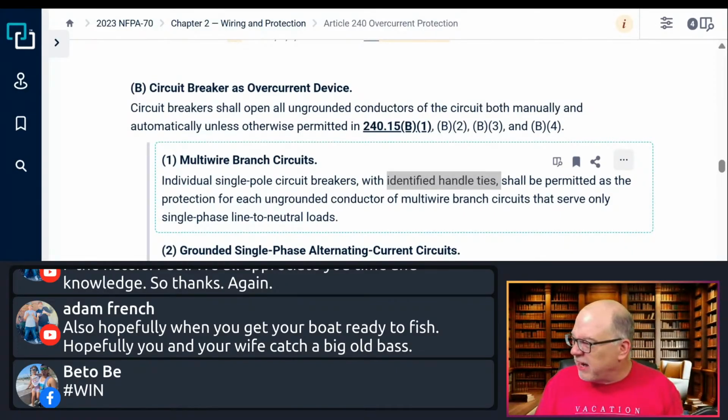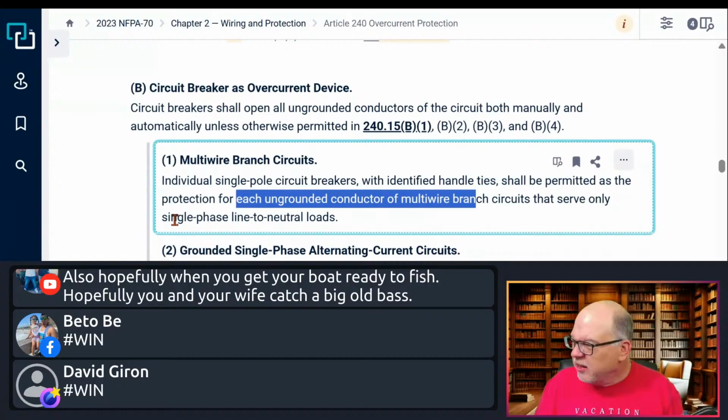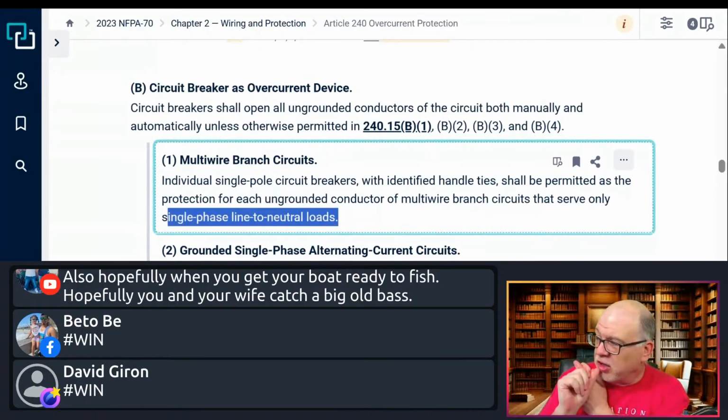All right, so identified handle ties shall be permitted as the protection for each ungrounded conductor of a multiwire branch circuit that serves only single-phase line-to-neutral loads. Okay, so I can use single-pole circuit breakers with identified handle ties, right?